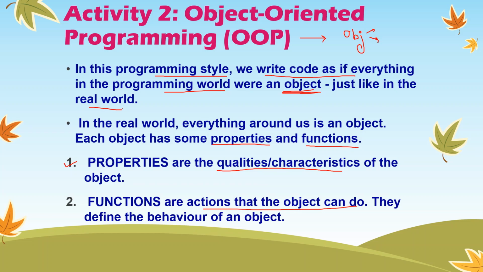The properties deal with how it looks, and the functions deal with what actions the object can do. If I create a man, how he looks will be his properties, and what that man can do will be his functions. I hope you understand.